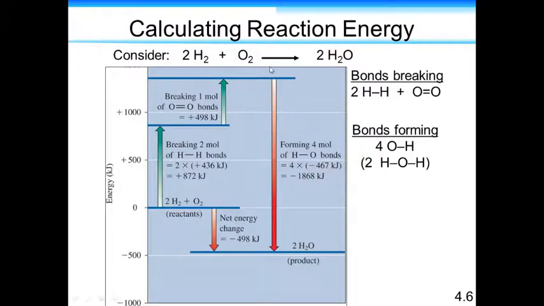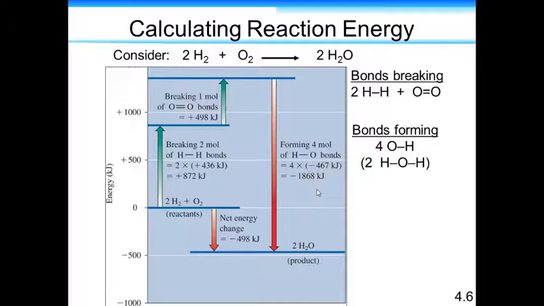Once those bonds begin to form between hydrogen and oxygen, we get a bunch of energy out. The energy released from forming a bond is equal and opposite to the energy you need to put in to break a bond.